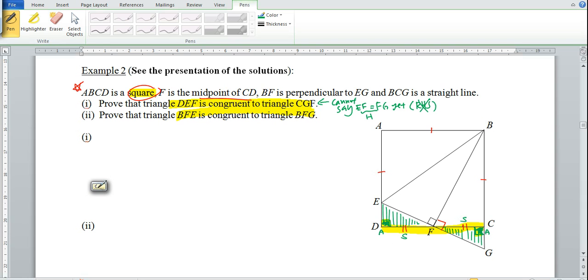So I have a side also. So let's see whether there is any other possible angle or side that I can use. Since I cannot say that CG is equal to ED because it's not given, I cannot say that hypotenuses are the same. So it seems like I'm only left with a vertically opposite angle.